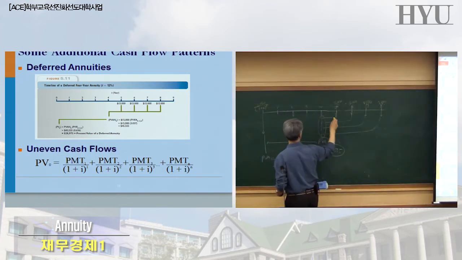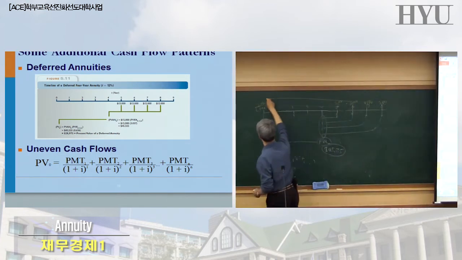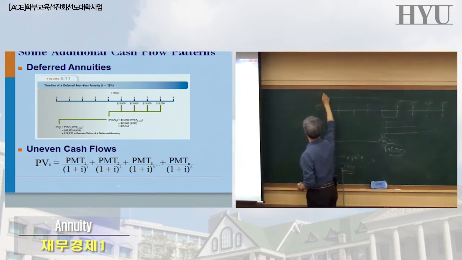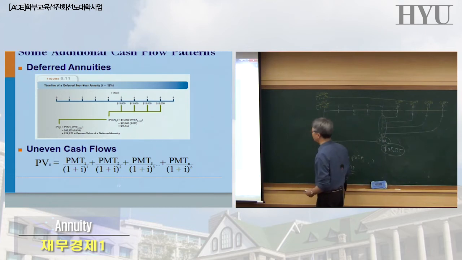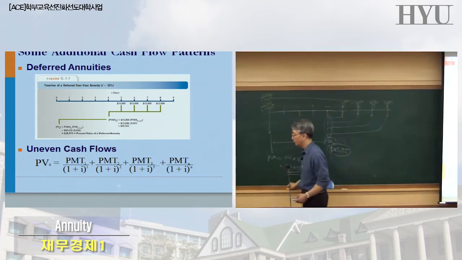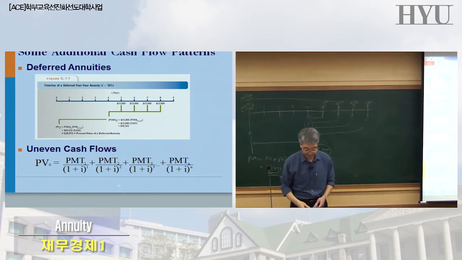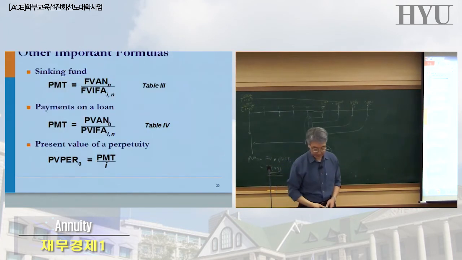And this value would be 3,000 divided by (1 plus I) to the power of 6, and so on. So you have to just calculate it that way. There is no easy way if you have uneven cash flow. Any question? All right.